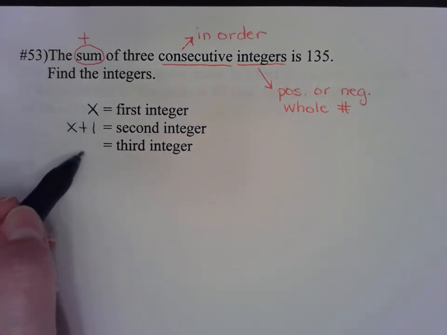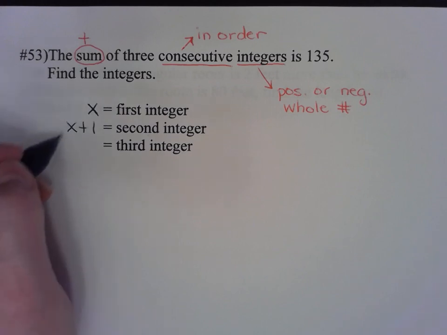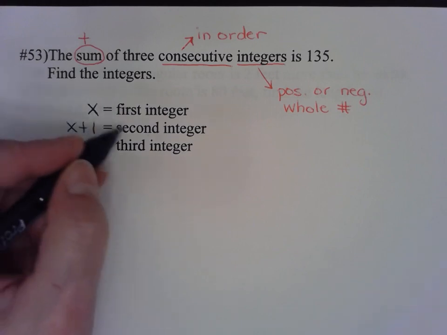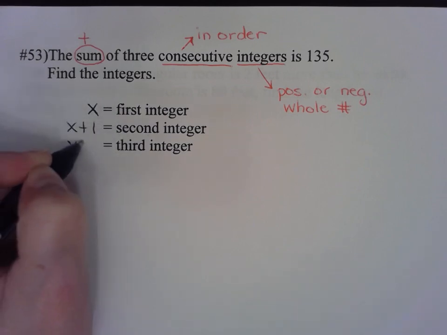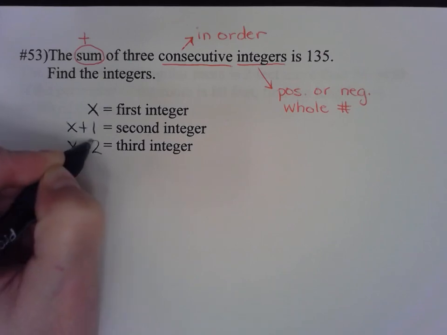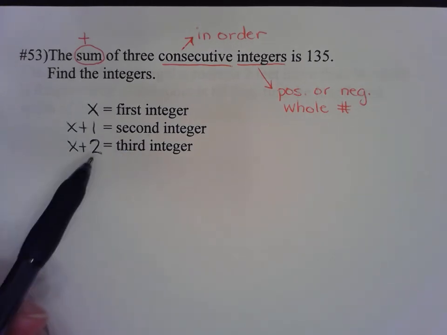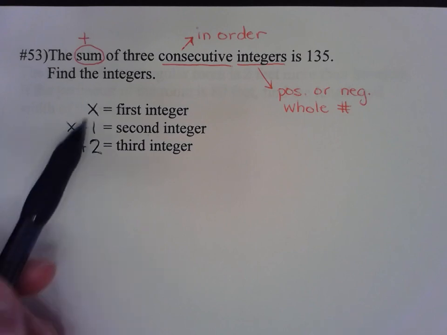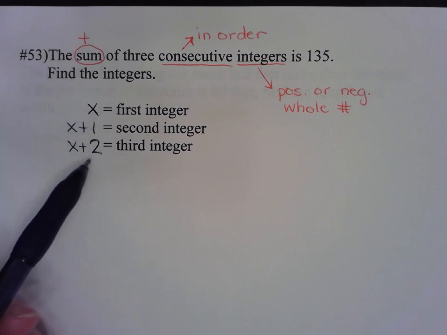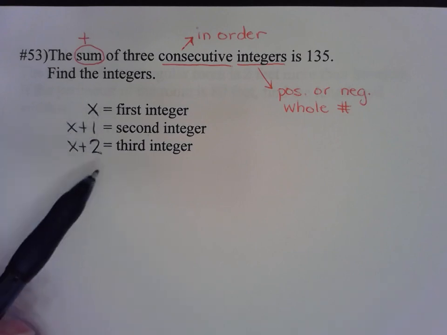And then for the third number, I'm going to add 1 more. So x plus 1 plus 1, or x plus 2. This is an important idea: we use the relationship between the numbers to come up with a way to represent them, even though we're still just using one variable.